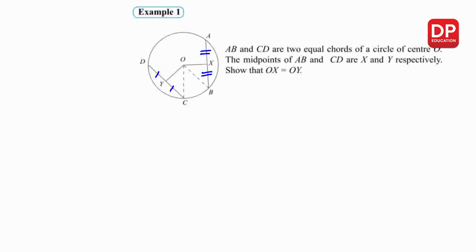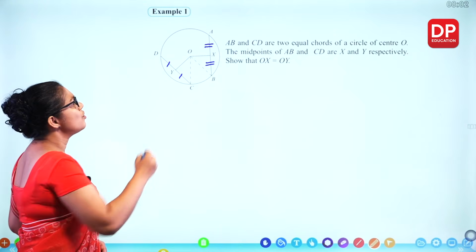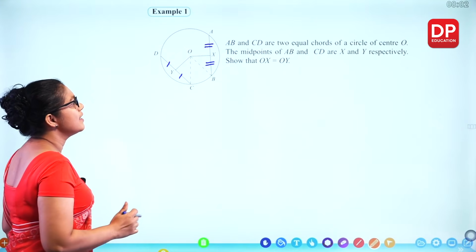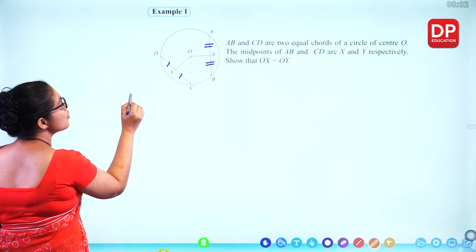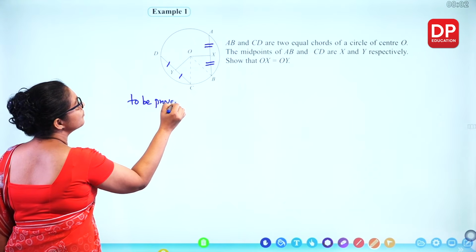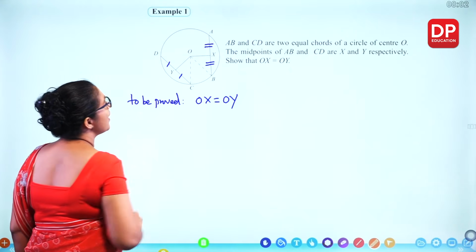And you are asked to show that OX is equal to OY. So here you have to prove that. So to be proved, OX is equal to OY.